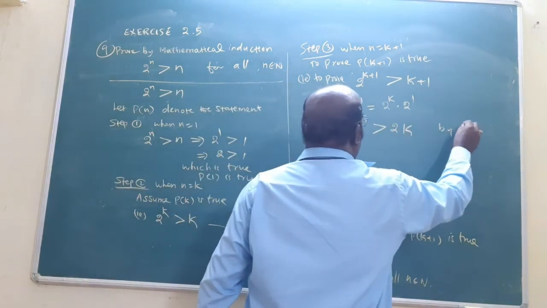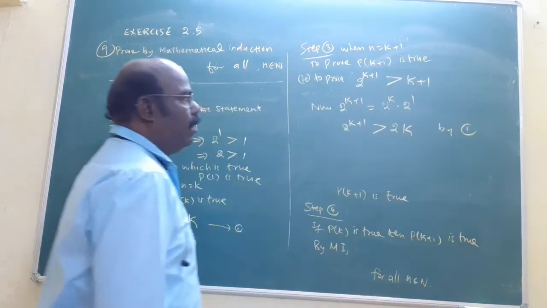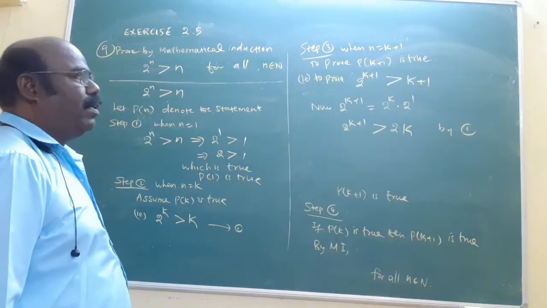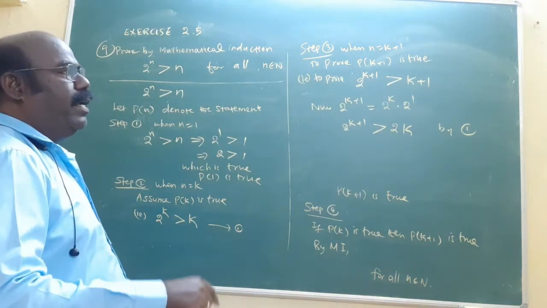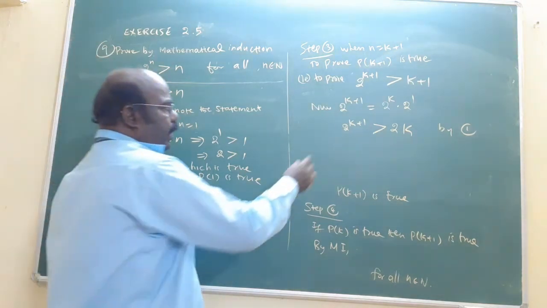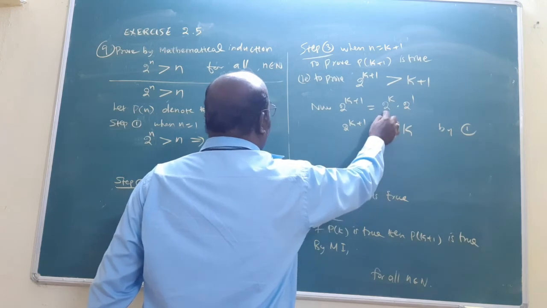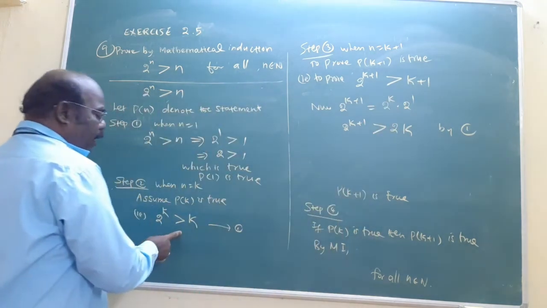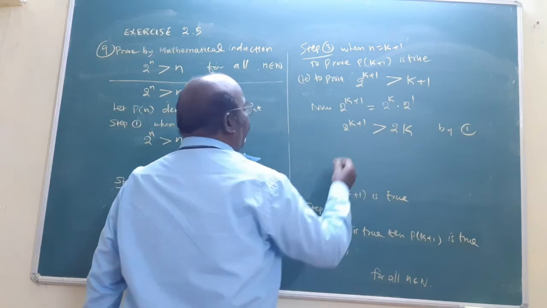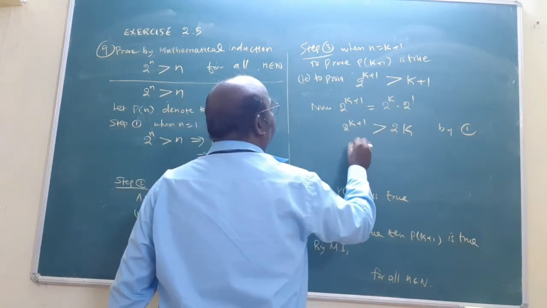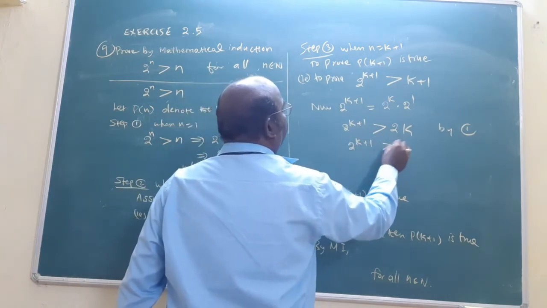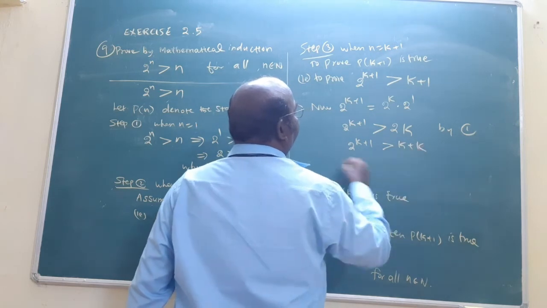Using what? 2 power k plus 1 can be written as 2 power k into 2 power 1. Again, left hand side 2 power k plus 1, right hand side the same thing. Instead of 2 power k, it is greater than k. Now this becomes k plus k. Am I right?